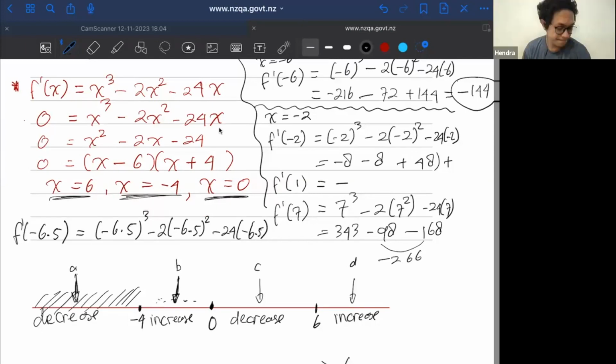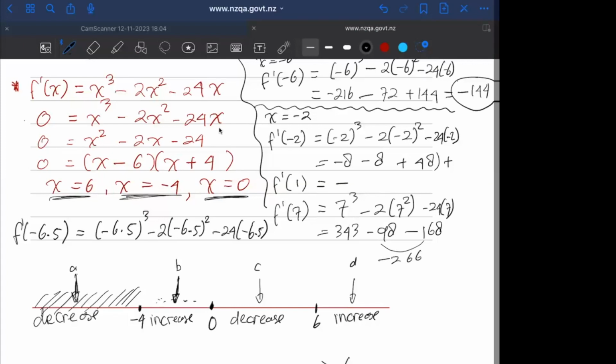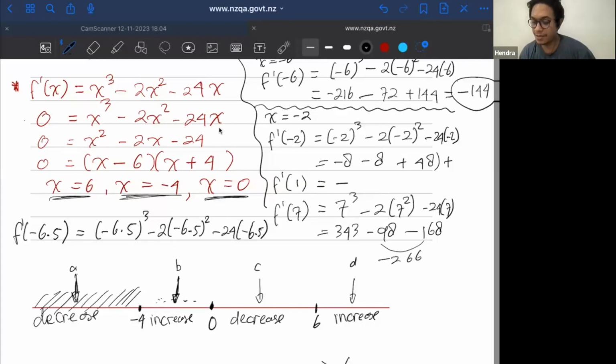What do you get? I got negative 502 or something. As long as that's negative, that means the function is decreasing on that interval. Same thing for the others. Whatever you choose between negative 4 and 0, you will always get a positive number.